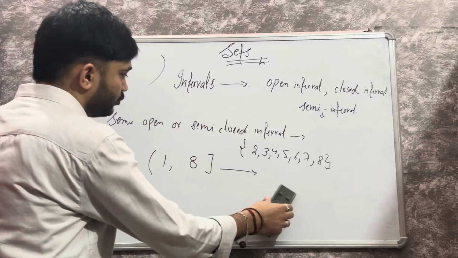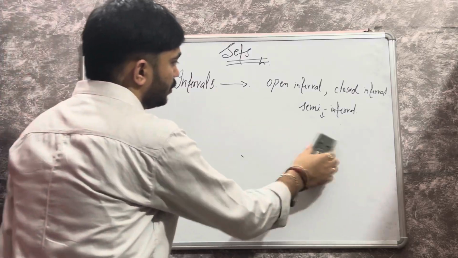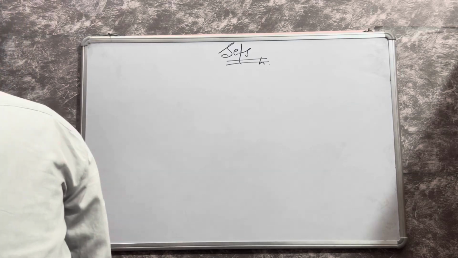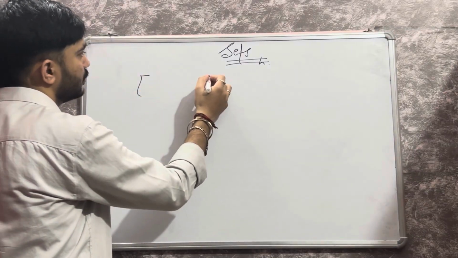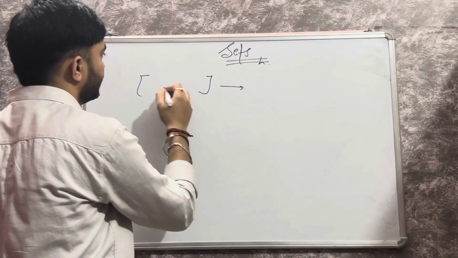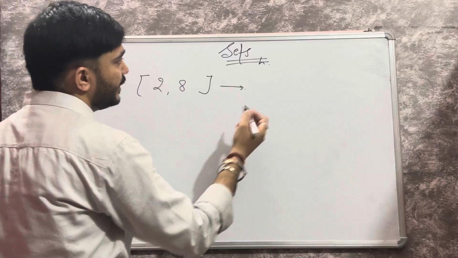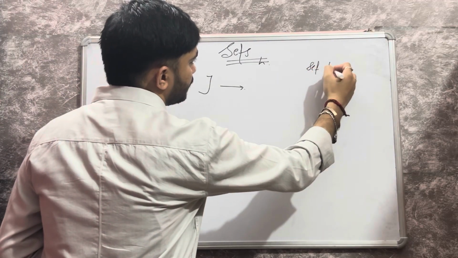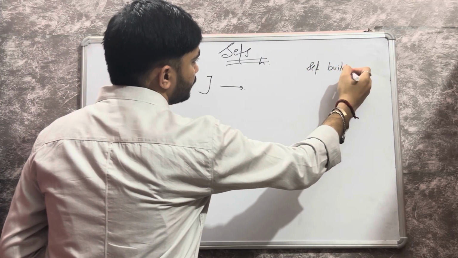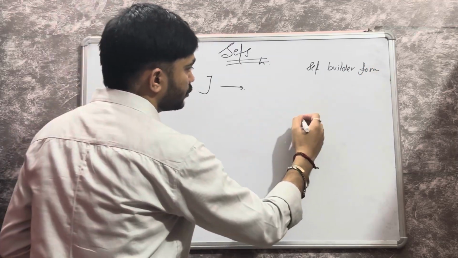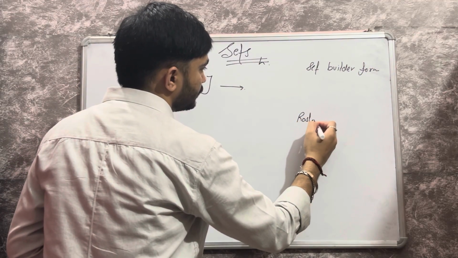Now let us move forward towards some questions on this topic. What if we are given a set, 2 to 8, and we have to represent it in set builder form and roster form?